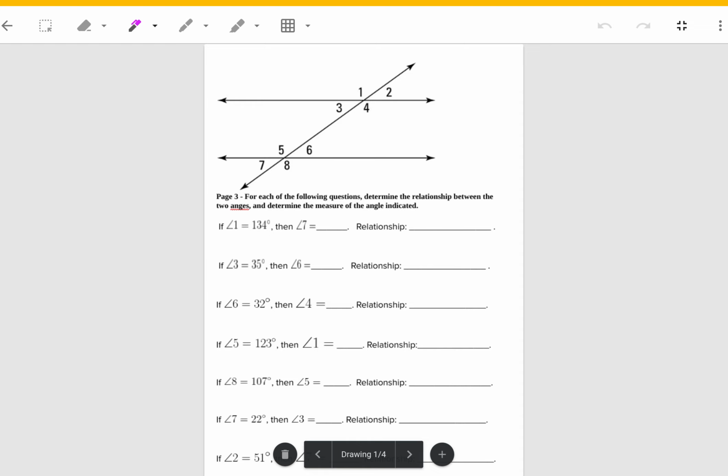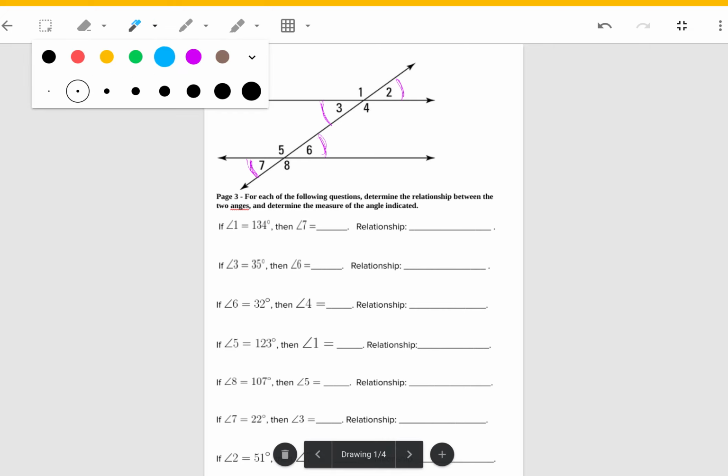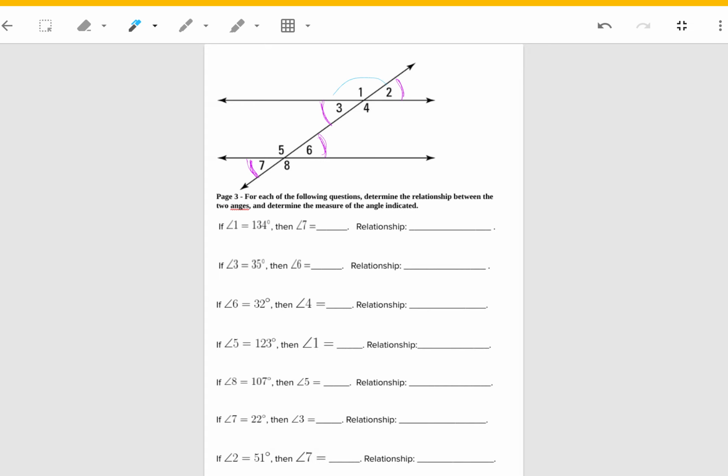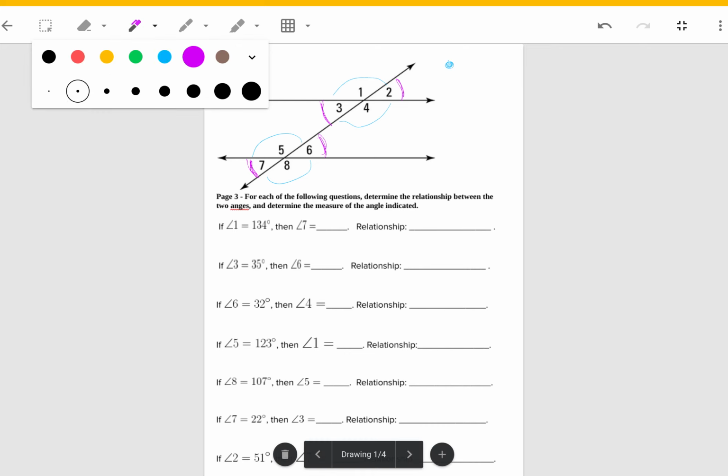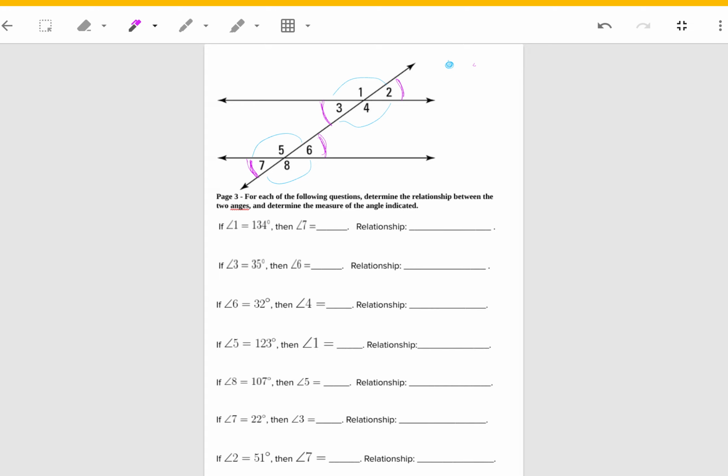So if I look at this diagram, angle 2, angle 3, angle 6, and angle 7 are all the same. Those angles all measure the same in purple. Angle 1, angle 4, angle 5, and angle 8 are also equal to each other. And any purple angle plus a blue angle, if you add a purple and a blue angle together, you get 180.